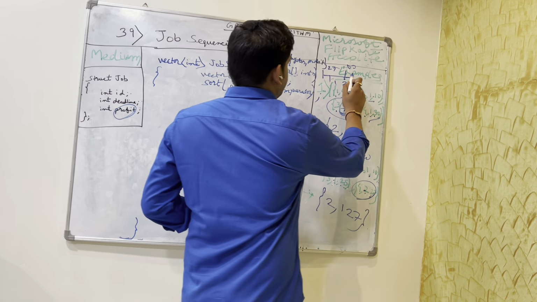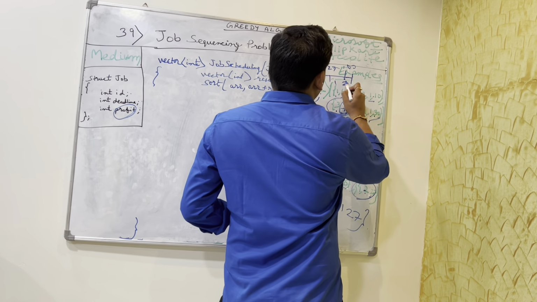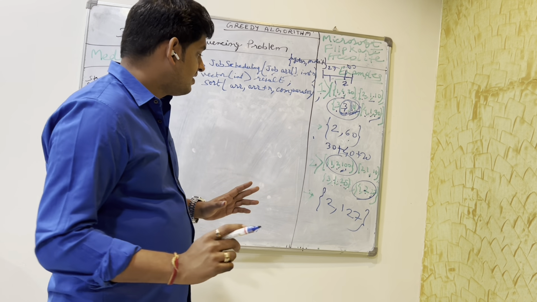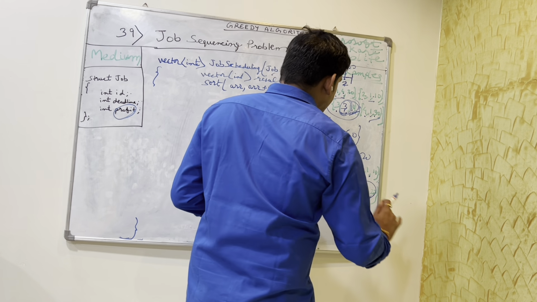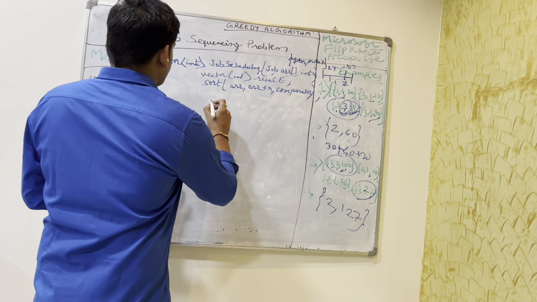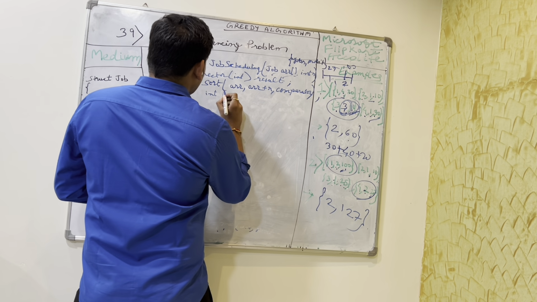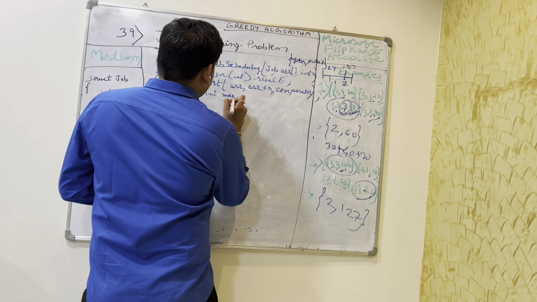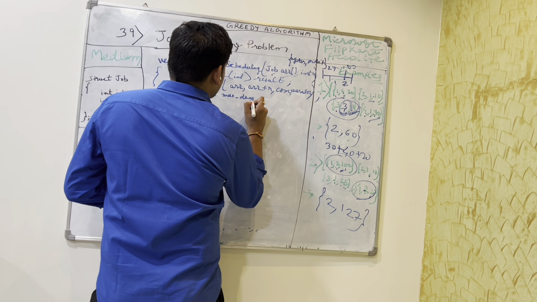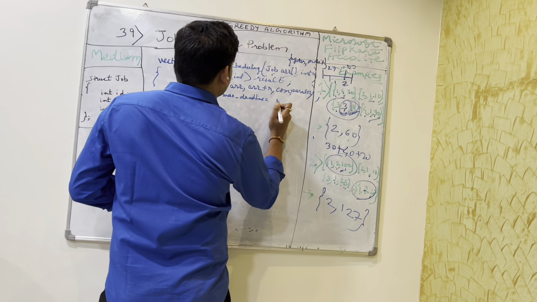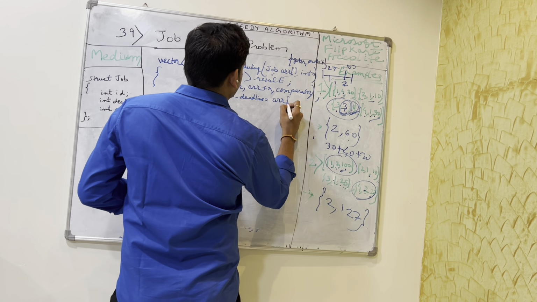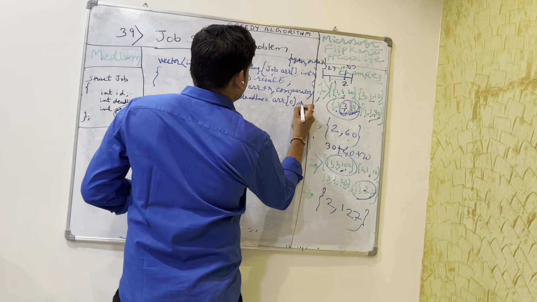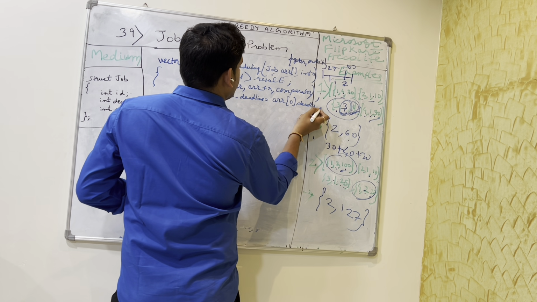What is the last time? In this case, the deadline was the second. So we need to find the maximum deadline for any of the jobs. So we have int max deadline, and we have got a max deadline.